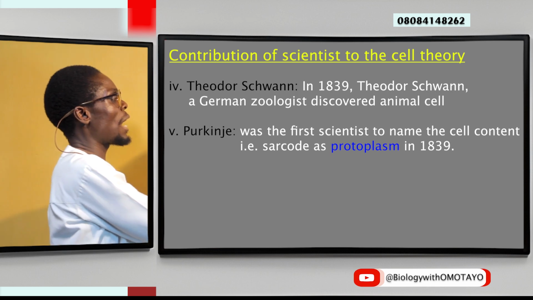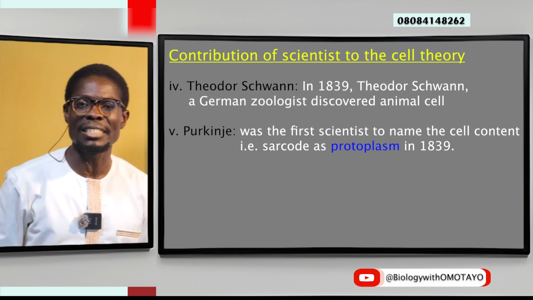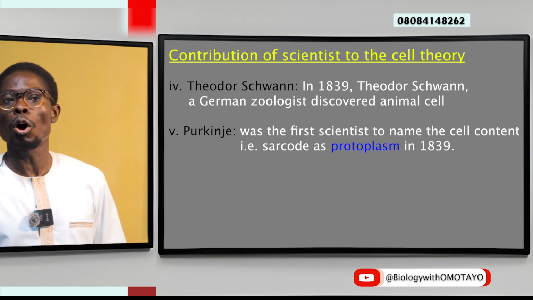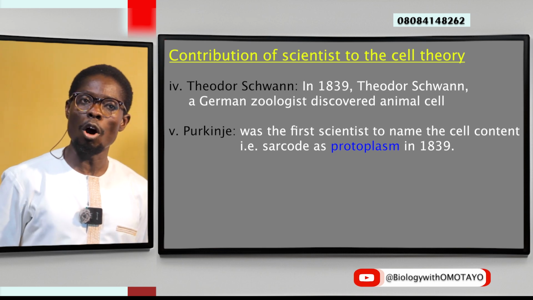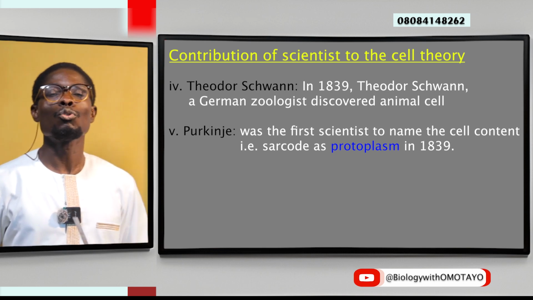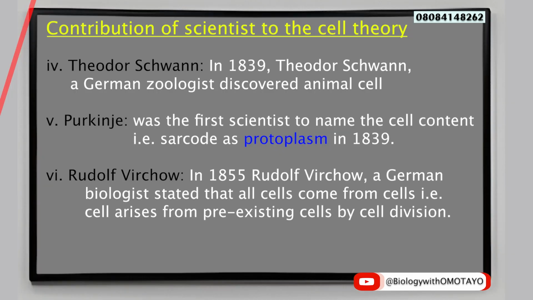A quick one, we move on to the sixth scientist that equally worked on concepts of the cell, and that is Rudolf Virchow. Okay, Rudolf Virchow. Now, in the year 1855, he was a German biologist.